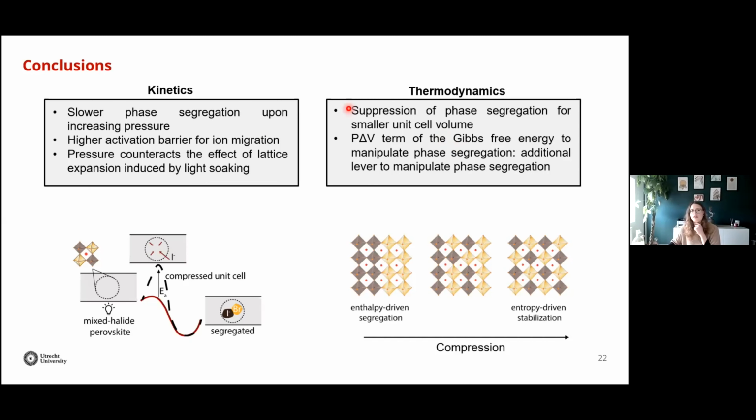And we found that strain has a huge effect on both the kinetics and thermodynamics of phase segregation. In particular, we can use pressure to suppress phase segregation, but also to increase the activation barrier for this halide migration.